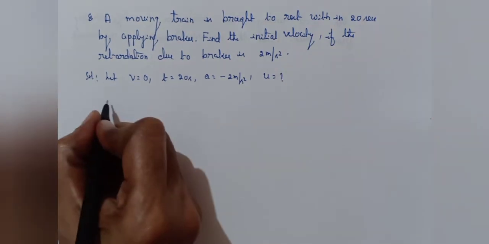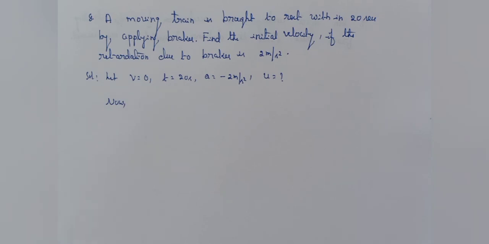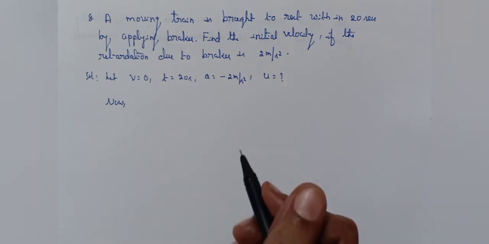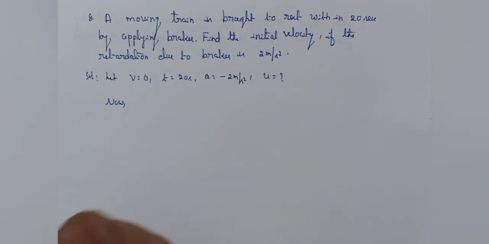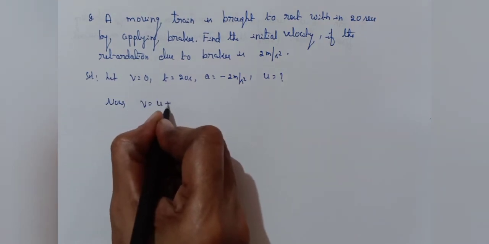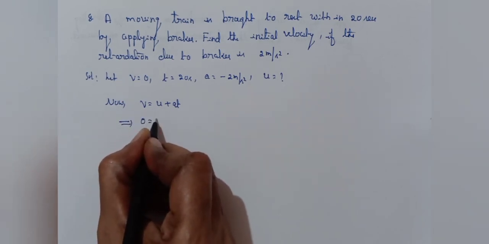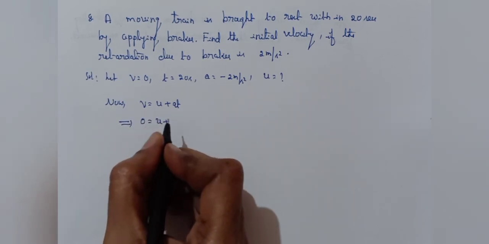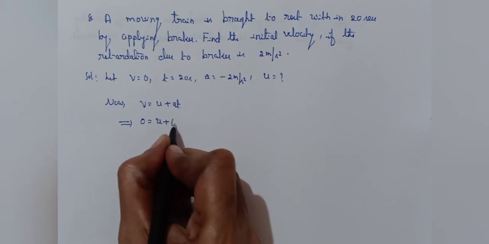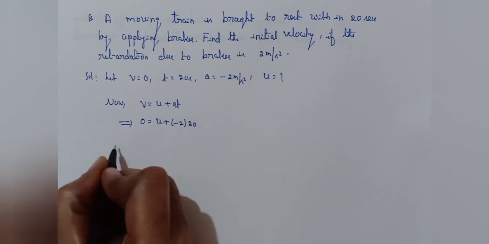Now by applying the first equation of motion, we can find out the initial velocity. You know the first equation of motion, v is equal to u plus at. So v is 0, write u as it is. In place of a, substitute -2 and the time is 20.